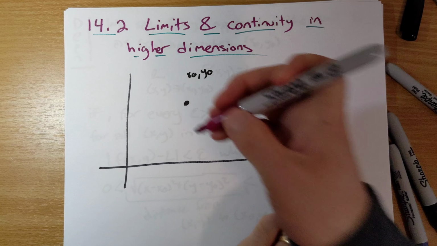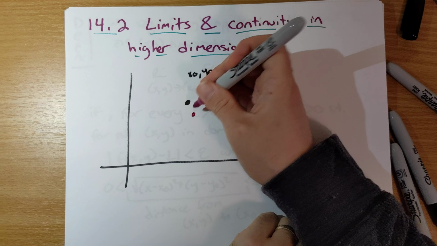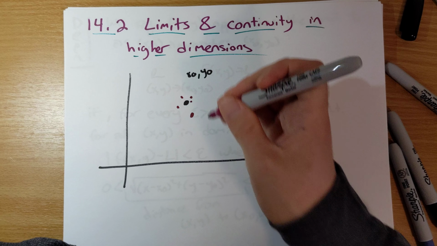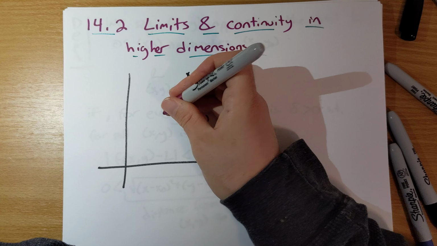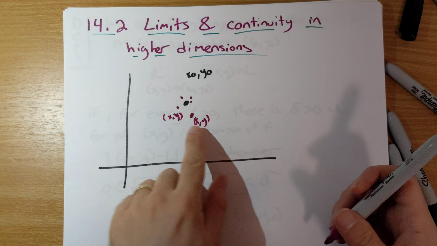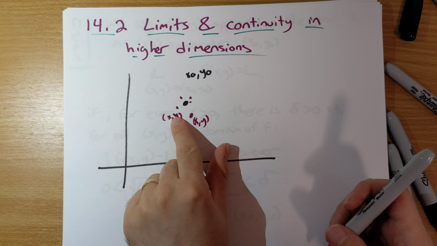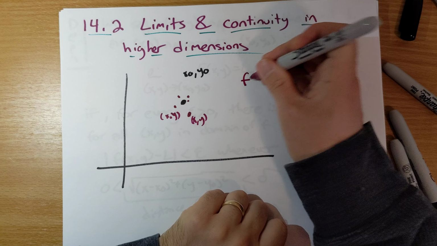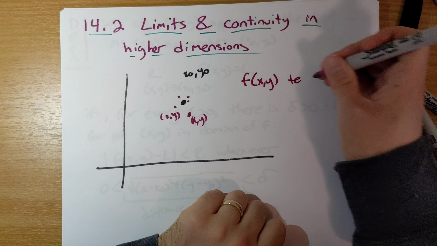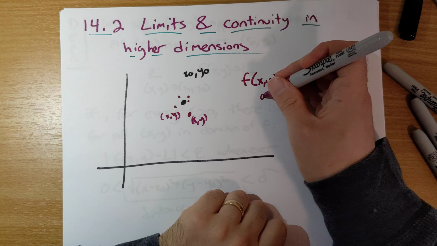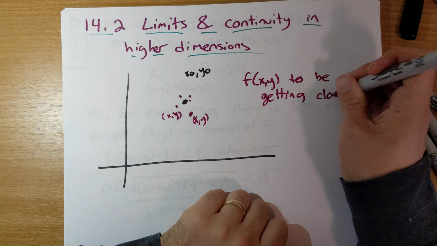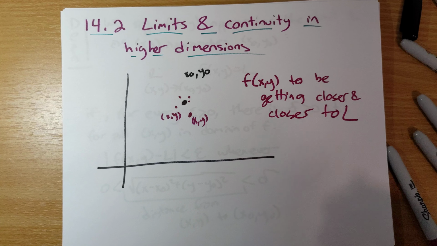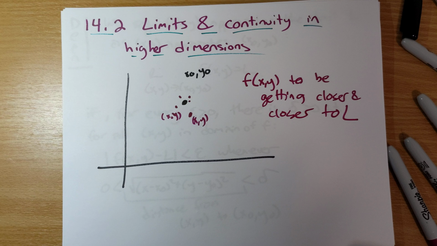The idea is that we are picking points, like this is an x y, this is an x y, and so on and so forth, that are getting closer and closer to x naught y naught, and we want f of x y to be getting closer and closer to some number L as we are getting close to x naught y naught.